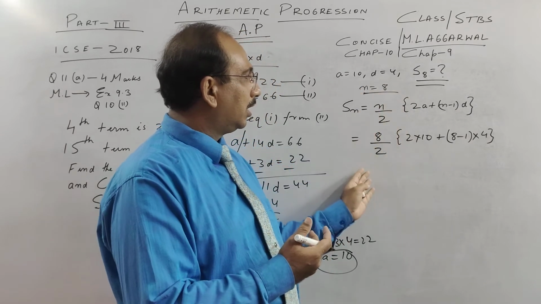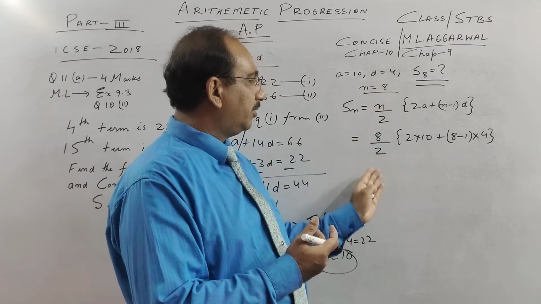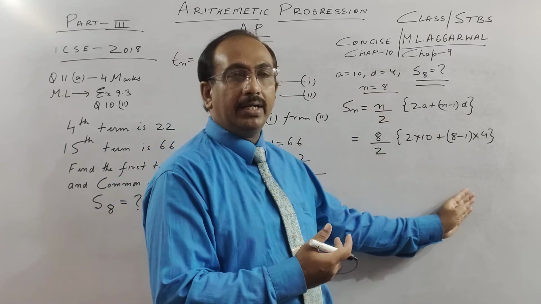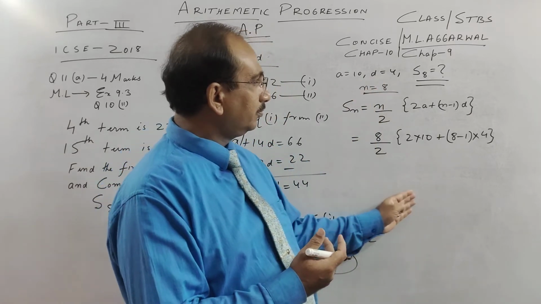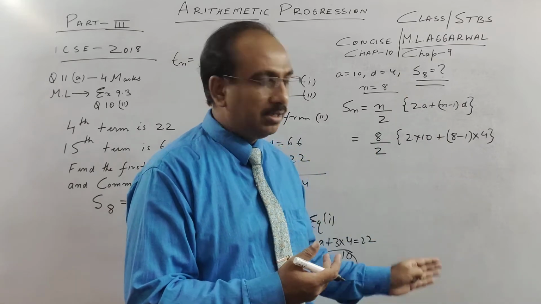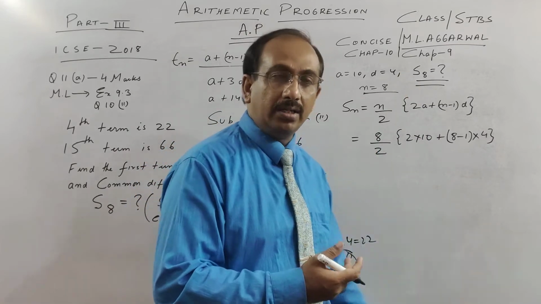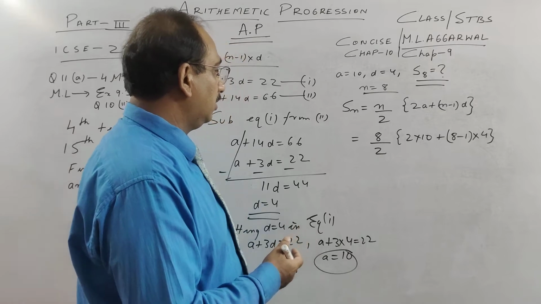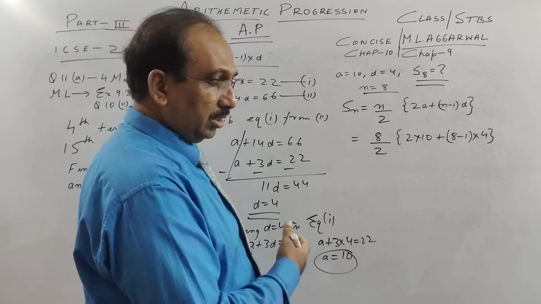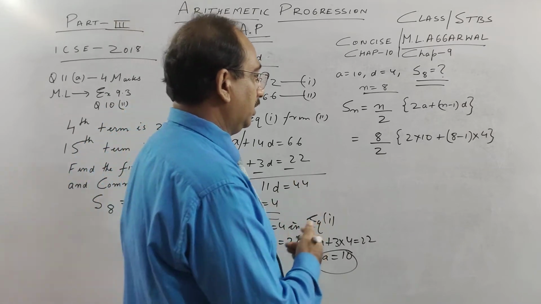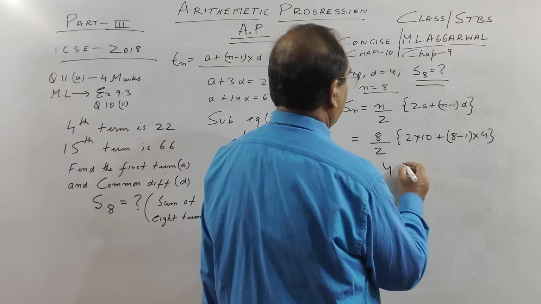As I told you, you can write and check. First term is 10, 14, 18, like that. If you do, you can get 8 terms and add. So for verification, you can write and do. Anyway, at the end, I'll tell you that all the questions you can verify and see whether you got the right answer or not.